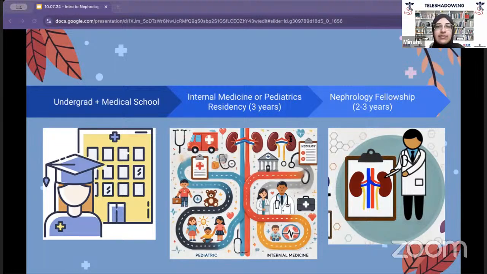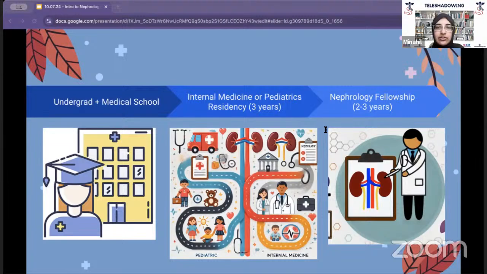Many residents find their interest in nephrology solidified during their rotations, because internal medicine residency has critical care rotations, endocrinology, cardiology, and so forth, since these fields overlap with kidney health. Then during the end of this residency, you'll apply for a nephrology fellowship, which ranges from 2 to 3 years. Most adult nephrology fellowships are 2 years long, but pediatric nephrology fellowships tend to be 3 years long.